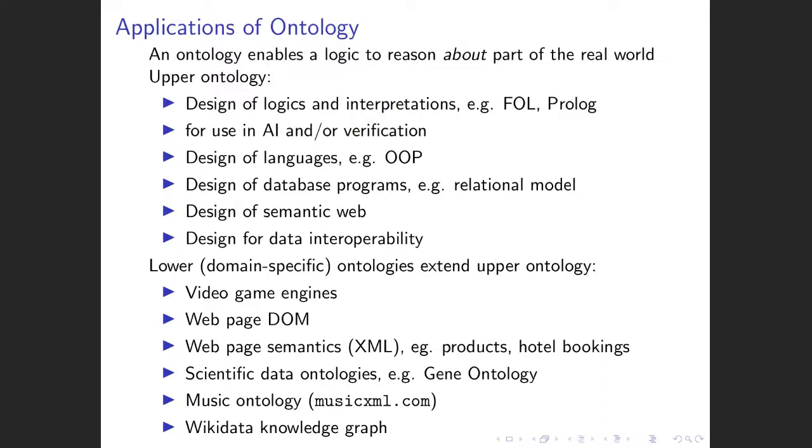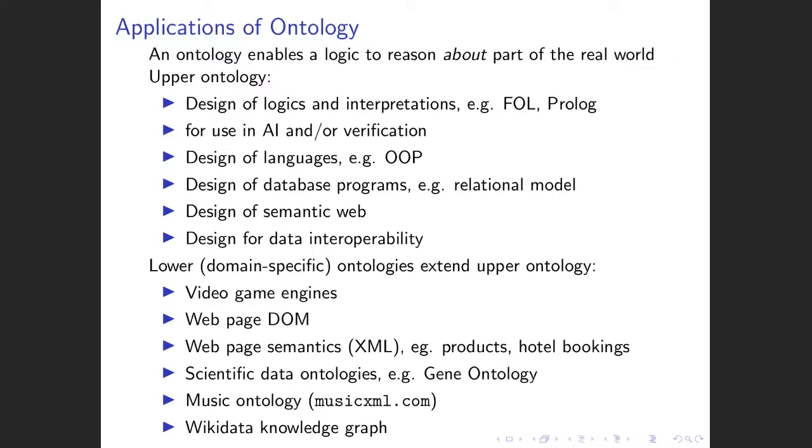Okay, so the philosophers will use ontology to talk about that stuff. We won't. We will apply ontology in computer science for practical purposes. An ontology enables a logic to reason about part of the real world. It is supposed to give you a representation of the real world, and then your logic can act upon that representation in the well-defined ways that we've seen logics can do.